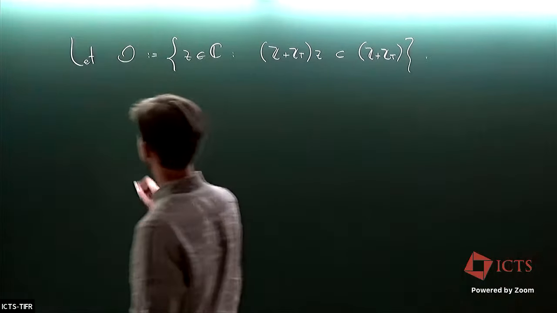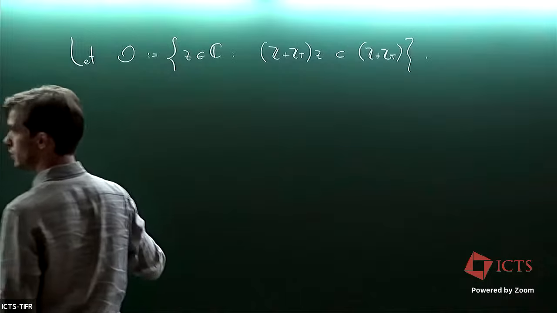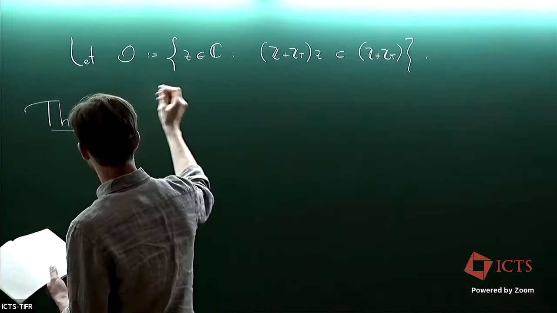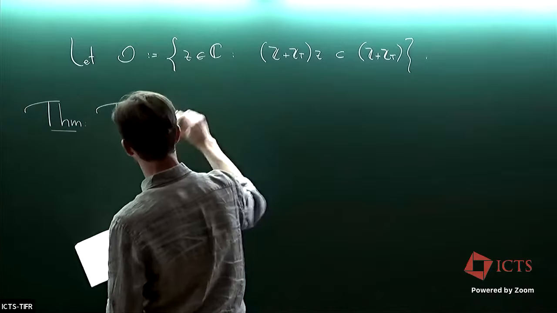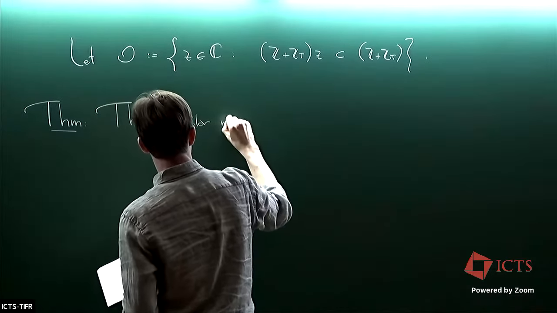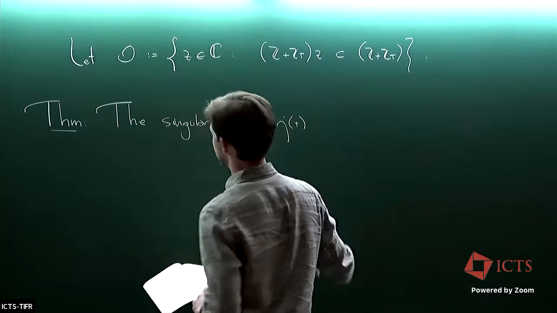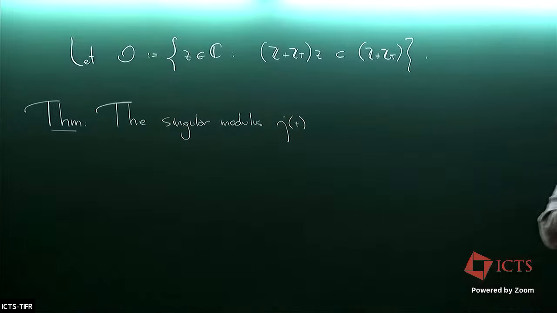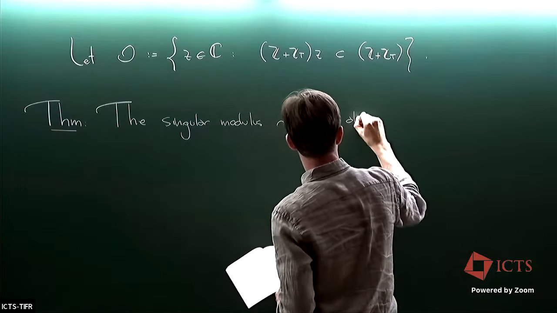Okay, now here's a theorem, and the proof of it you can find in full in the notes. It's a classical theorem, which probably most of you have seen, that says that the singular modulus j(tau), so the special value of this j function at this imaginary quadratic tau that I've chosen, is algebraic.